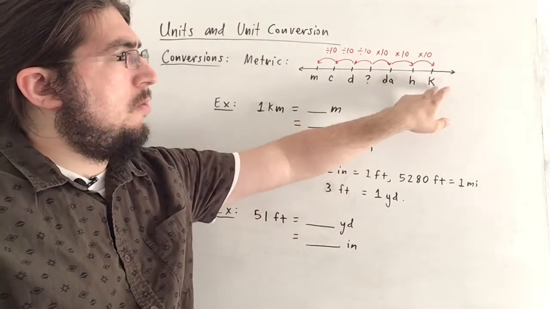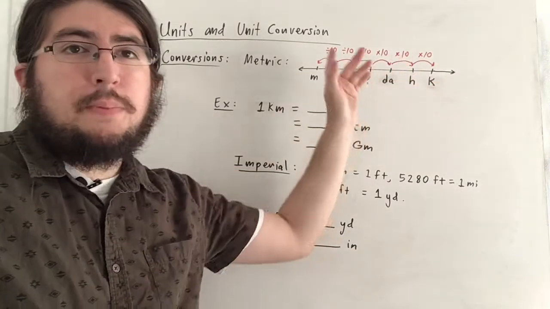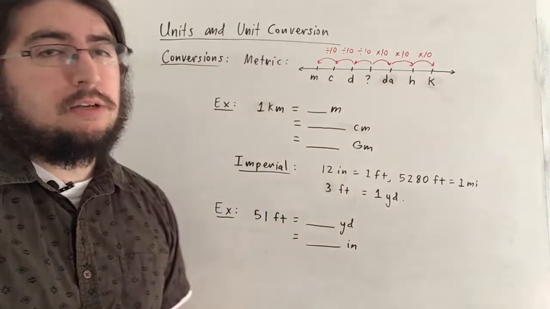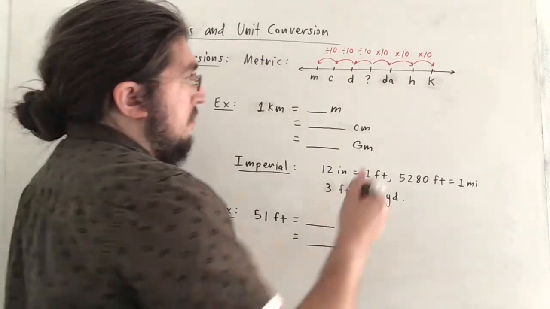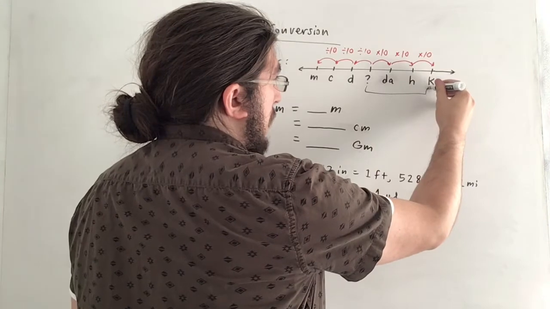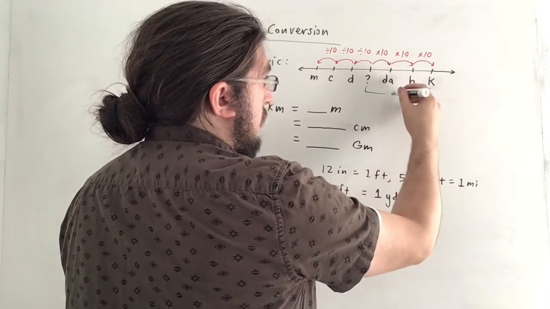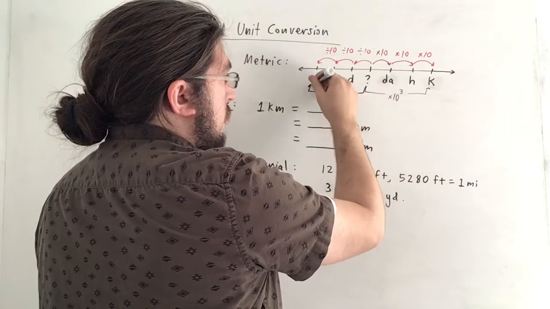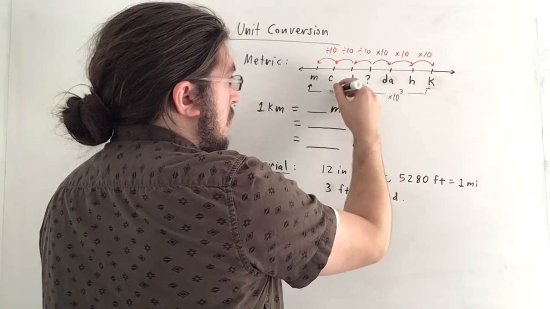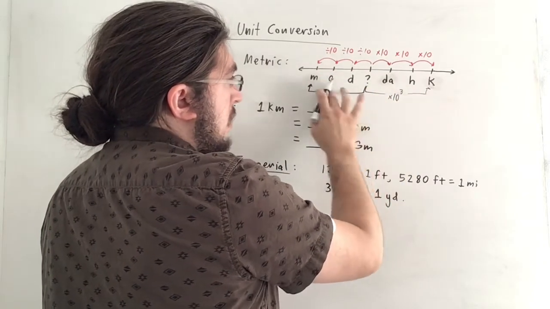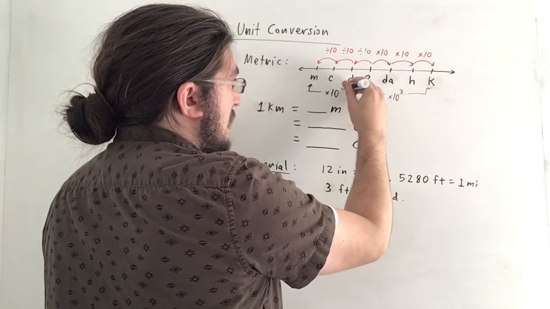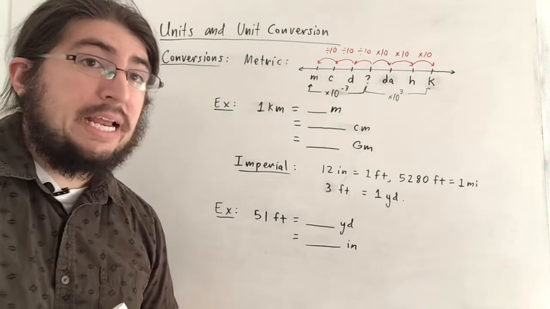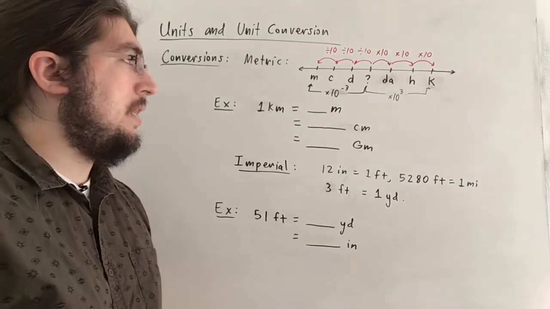To be quite honest, the ones beyond this, you don't jump by 10, but you jump by 3 tens, so you jump by 1,000. So to go from here to here, you would multiply by 3 tens, so that's 10 to the third, which is 1,000. And if you go this way to get to milli, you would divide by that. So in fact, you'd multiply by 10 to the negative 3.